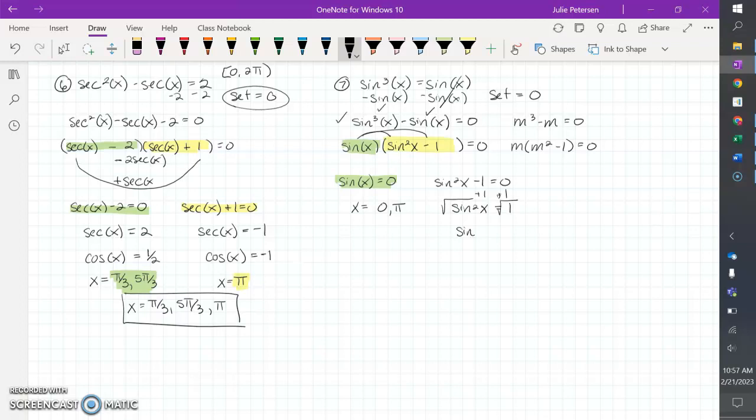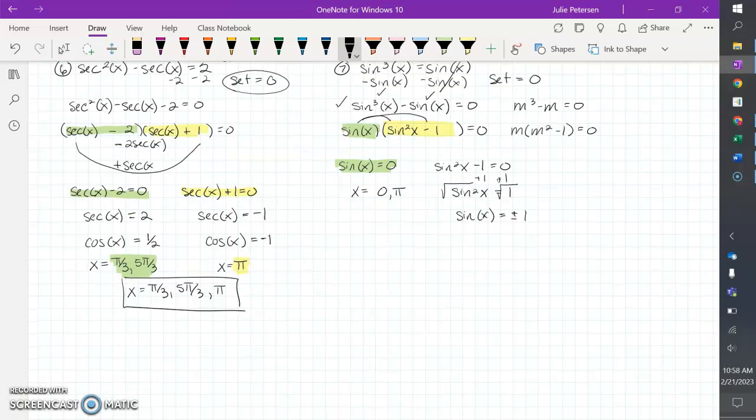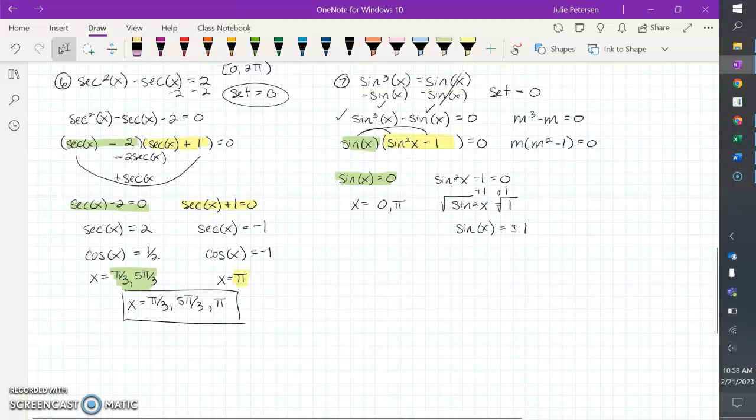Please don't forget that when you square root both sides of an equation, we have plus or minus for our answer. So we want to know where the y value is going to be positive or -1. So we're going to have two places on the unit circle where that happens. That's going to be the y is positive 1 at pi over 2 and -1 at 3 pi over 2.